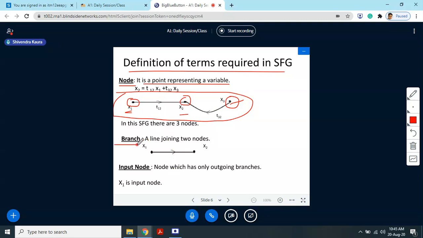A branch is a line which is joining two nodes. Let's say if we are joining x1 to x2, then this is called the branch which is joining the two nodes. Then there are two specific nodes. One is the input node where the input R(s) is applied.